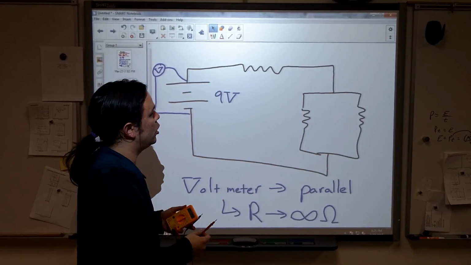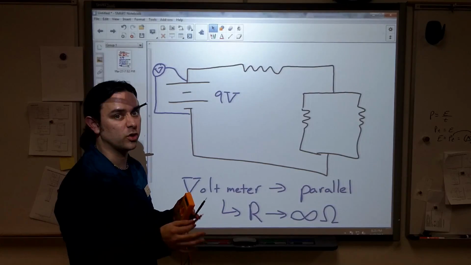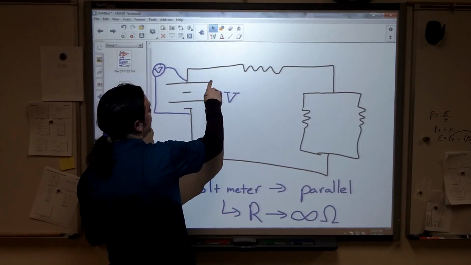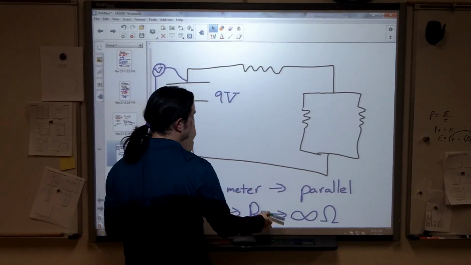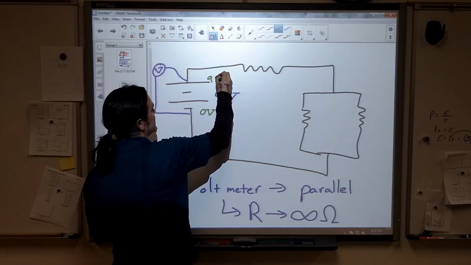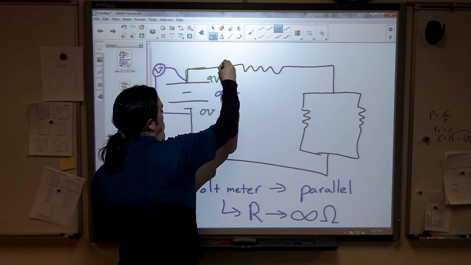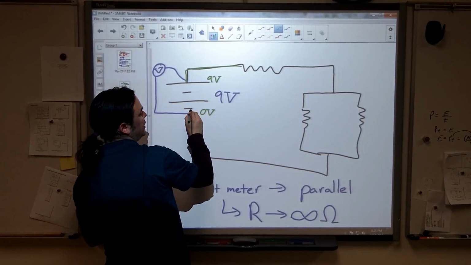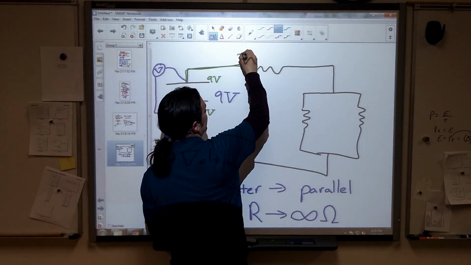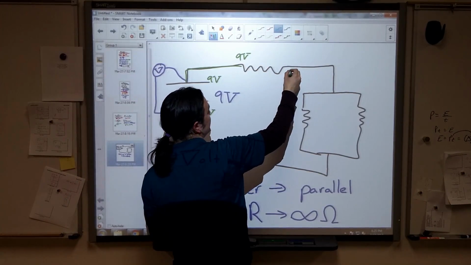Now, in the AP homework, it talks about the idea of upstream versus downstream, but in short, this is a high potential. Let's say, I'm going to throw some reference numbers on here. Let's say that down here is 0 volts, and that makes this positive 9 volts. All of this is at positive 9 volts above this point here, 0 volts. If I go across this, the first side is at positive 9 volts.